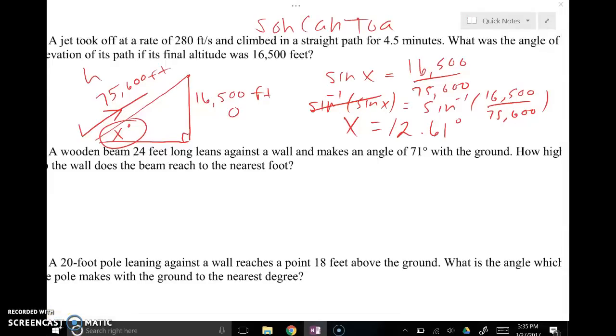The inverse sine of 16,500 over 75,600 is 12.61 degrees. So the angle that I was climbing at, up to that height of 16,500, was 12.61 degrees.